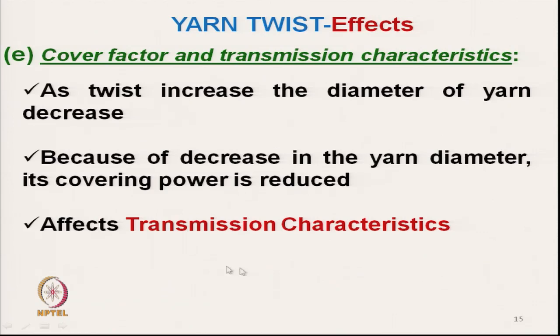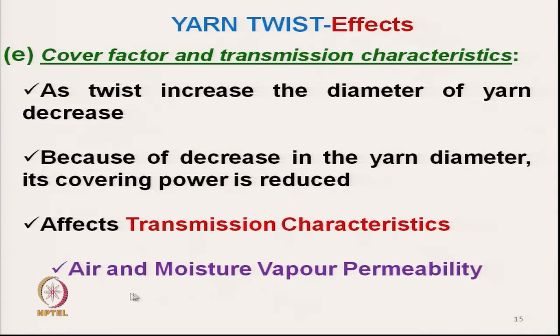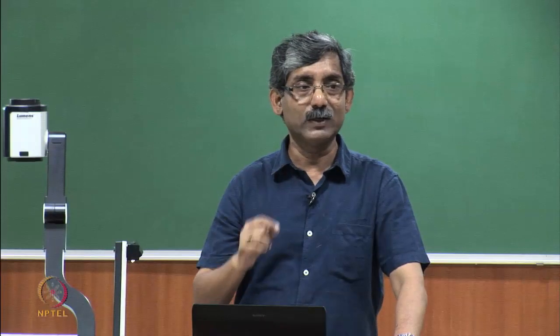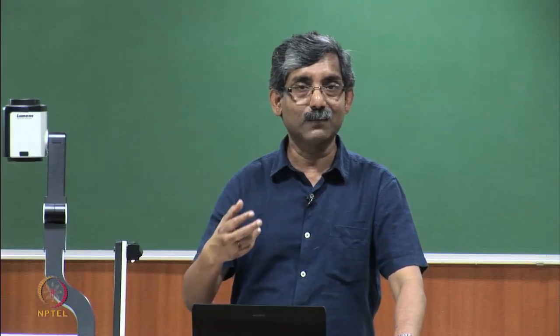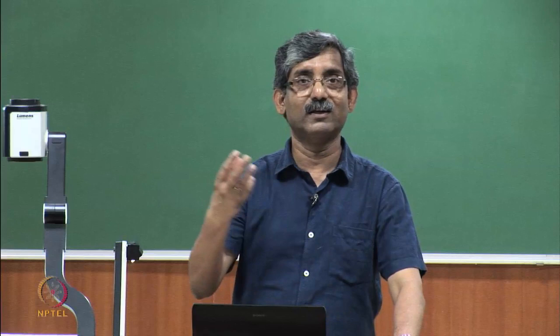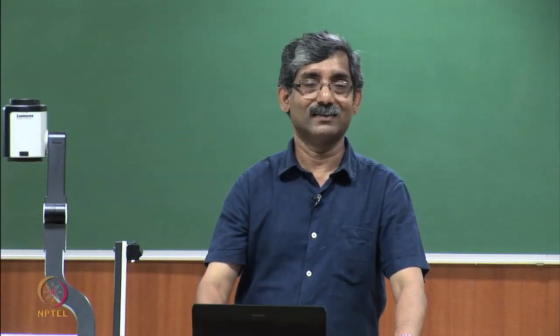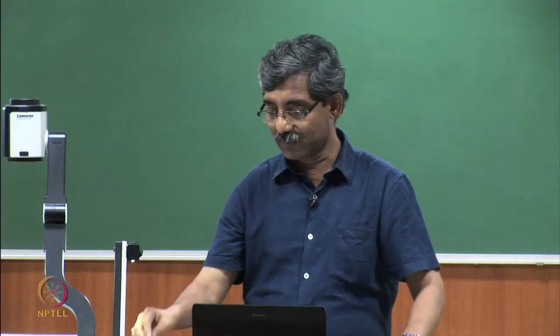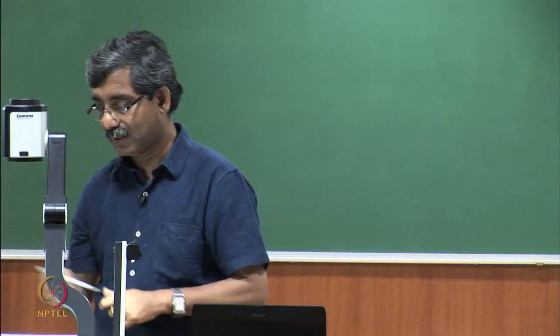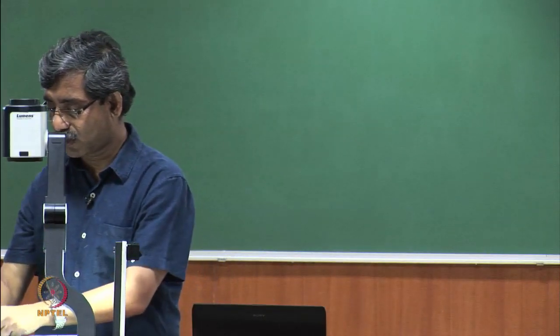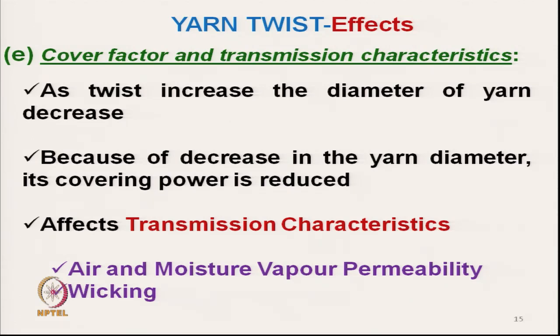and it affects transmission characteristics. Air and moisture vapor permeability increases, and it also affects the wicking characteristics, because with the increase in twist the wicking, that means transmission of liquid, decreases, because the water has to travel a longer path.